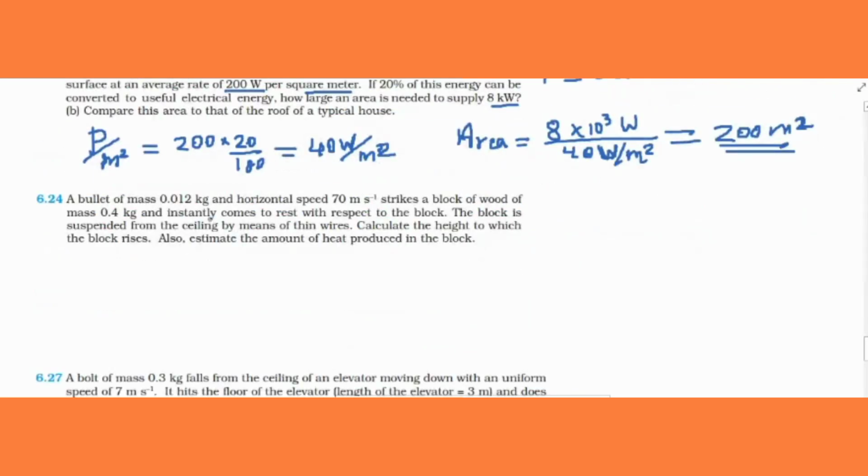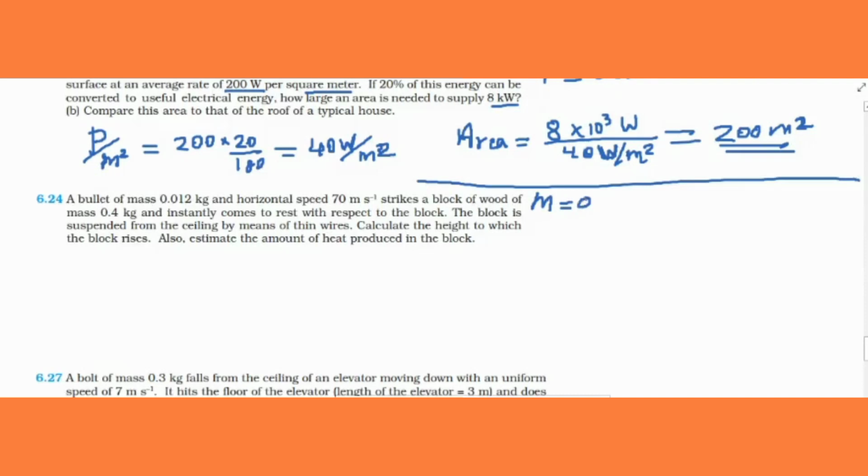Next, question 24. A bullet of mass 0.012 kilogram. Mass of the bullet we can take as small m.